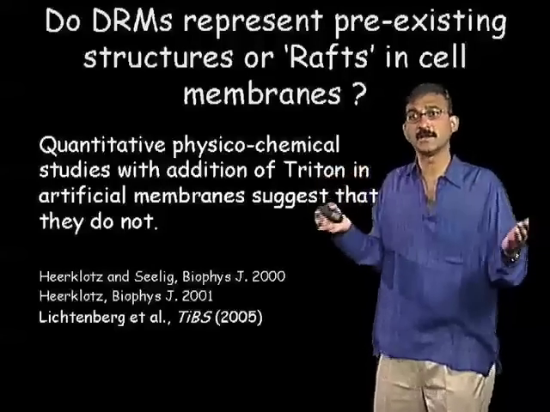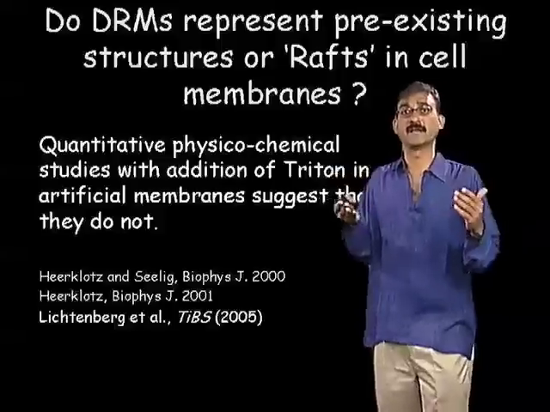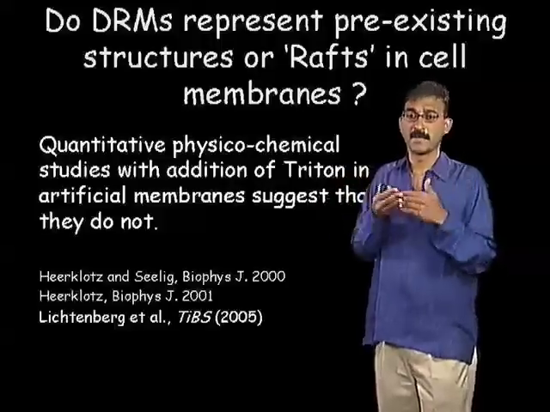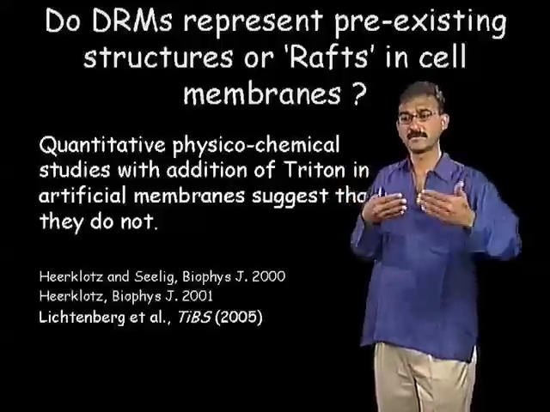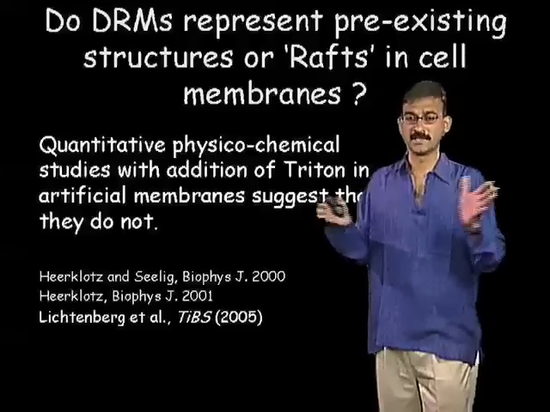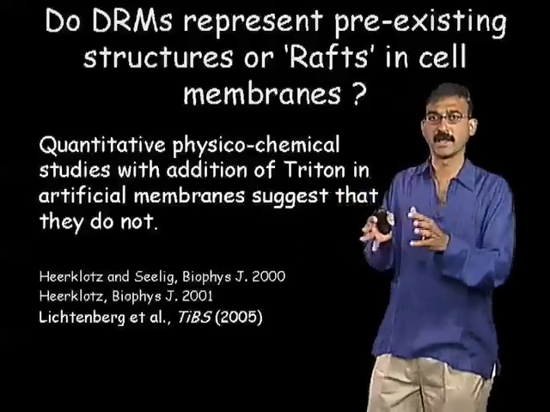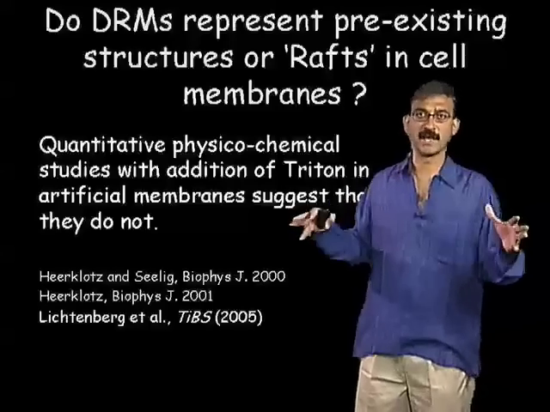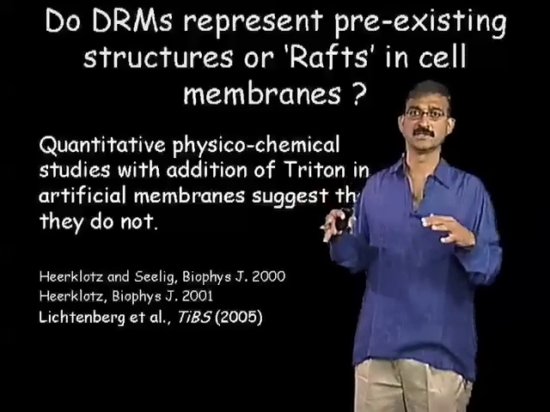And this was particularly true for membranes that contained sphingomyelin. And they argued that this was because Triton did not like to associate with sphingomyelins and somehow pushed sphingomyelins away while solubilizing other lipid components in the cell membrane.